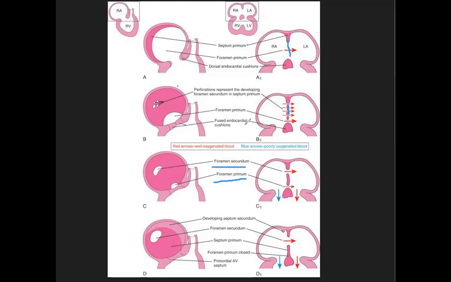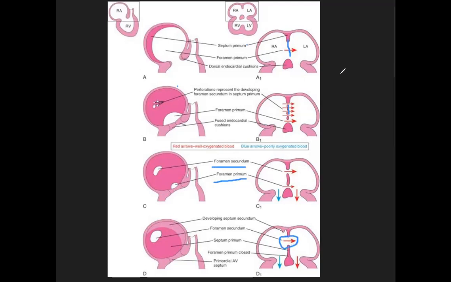Now, in the last picture, what we see is the endocardial cushion over here grows a bit more, and it closes this septum primum. The septum primum is closed because the endocardial cushion moves a little more upward, and now there is only one foramen present, which is called foramen secundum.